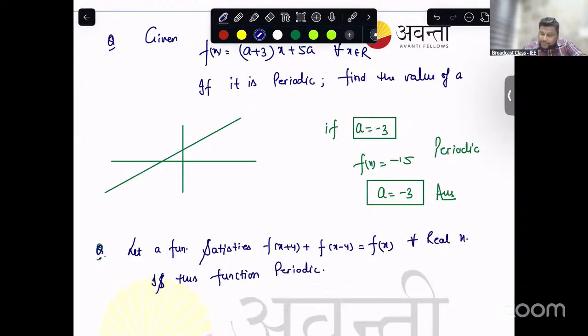Is this function periodic? If yes, find the period. Give it a try quickly.